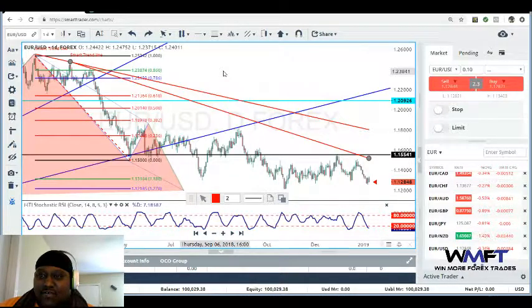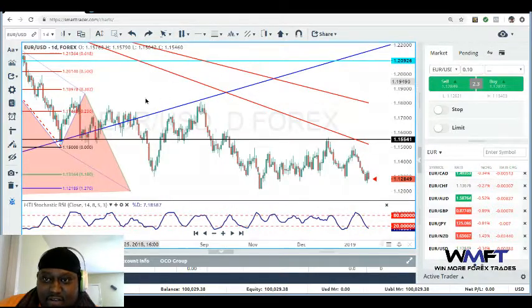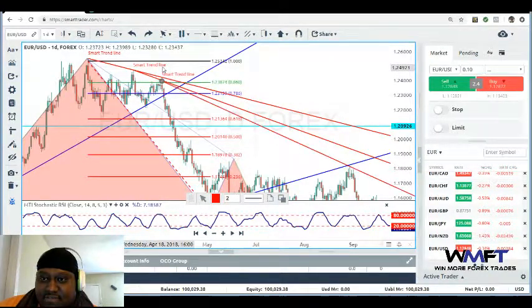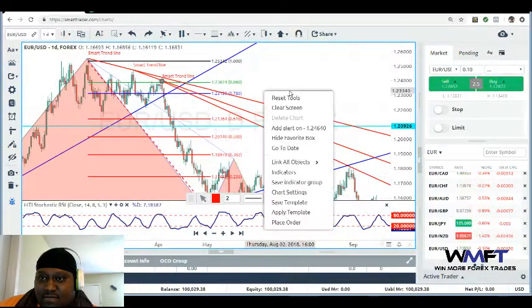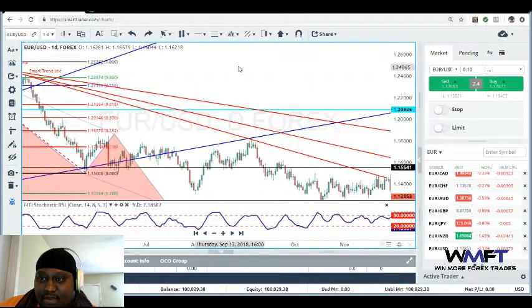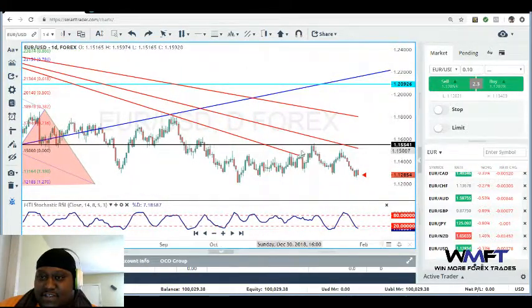And if you want to, I don't think this trend line would be any good though. Let's see. This downtrend line has probably already been taken out. Last touch. Yeah, you will see this downtrend line was taken out, and then this one was tested.